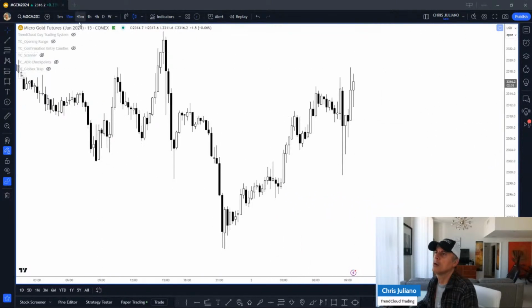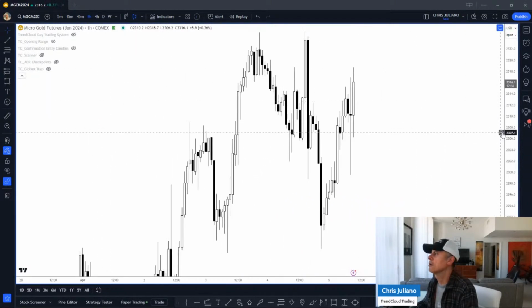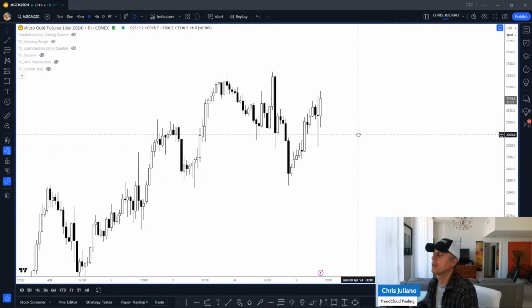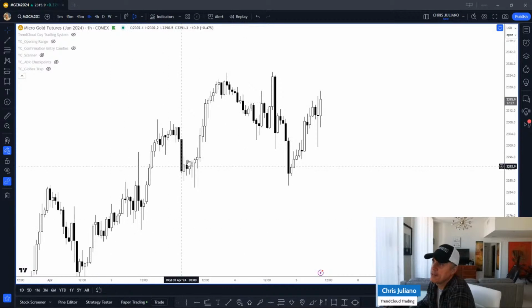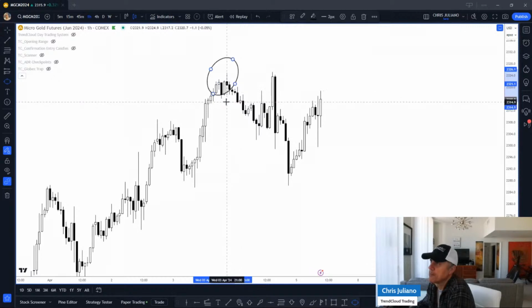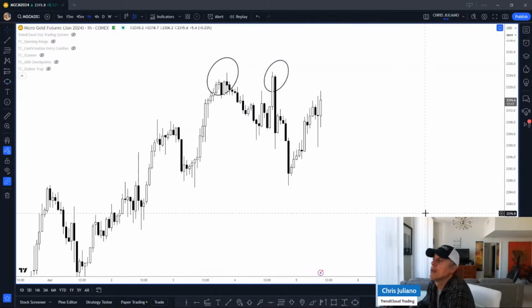So we were looking at the 1 hour. On this 1 hour chart here, we've got this massive uptrend, right? Massive uptrend, and we see a double top. Here's the first top. Here's the second top, right? We get this pullback.